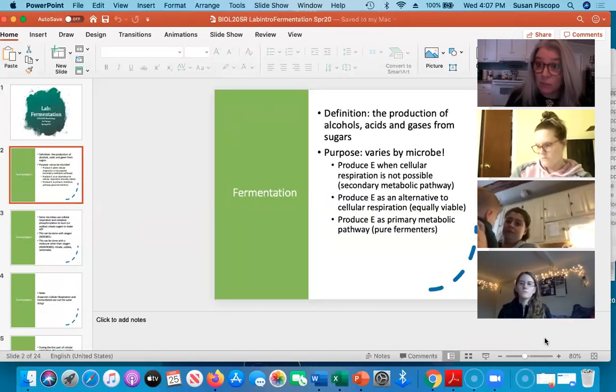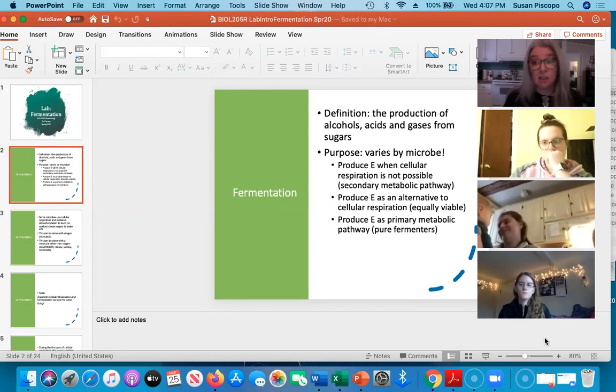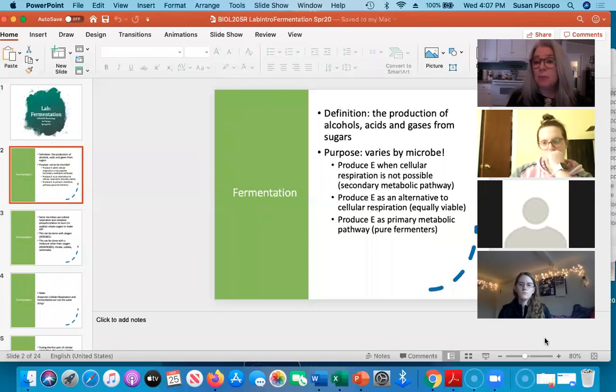There are a lot of microbes that do cellular respiration anaerobically, though. They don't use oxygen, they use some other molecule as that final electron acceptor molecule. And for some of these organisms, that might be nitrate, that might be sulfate, that might be a molecule called carbonate.